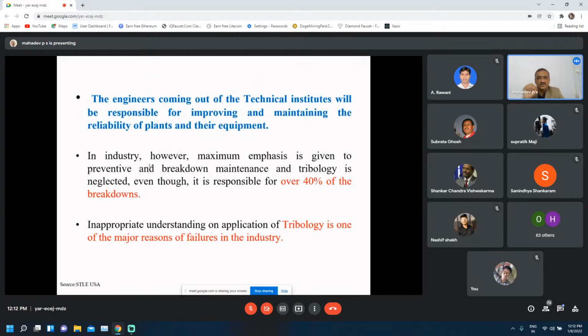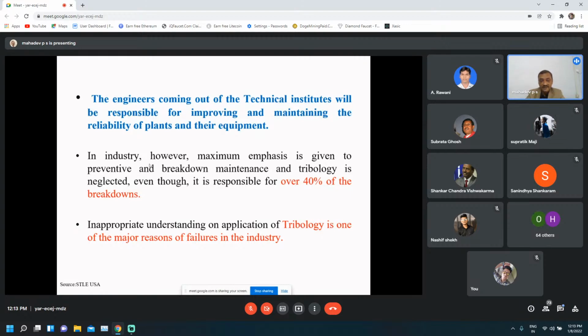This slide is very important for the young budding engineers who are attending this training STTP. The engineers coming out of technical institutes will be responsible for improving and maintaining the reliability of plants and their equipment. In industry, however, maximum emphasis is given to preventive and breakdown maintenance, and tribology is neglected.